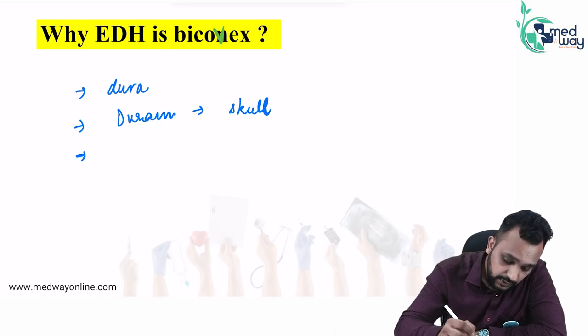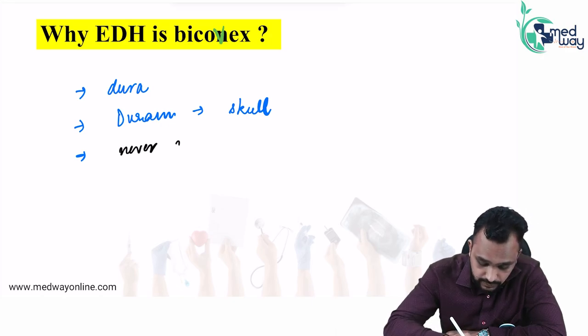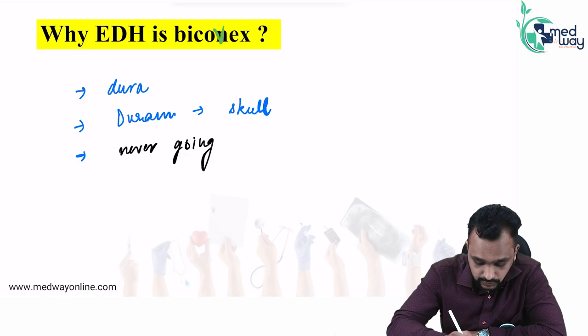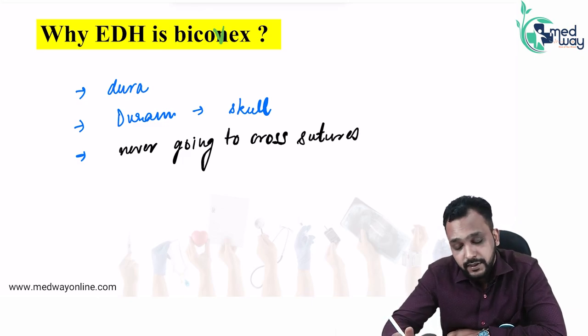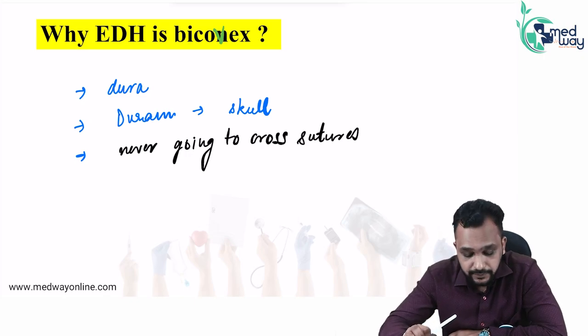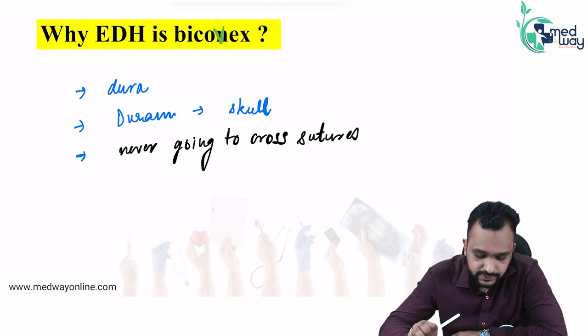Now we should know that this extradural hemorrhage, okay, it is never going to cross the sutures. So this is a very important point you need to remember. So if you are not able to identify the shape of the bleed, but the bleed is crossing the sutures, it means it is not an extradural hemorrhage, right?